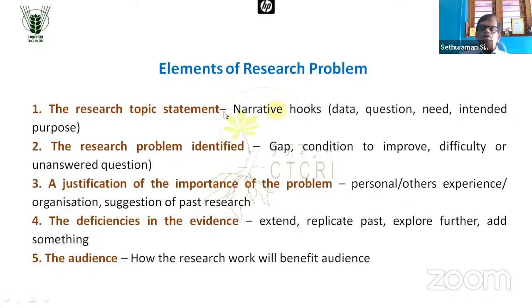You can give this from your personal experience or from suggestions of senior officials from your university: in this particular region the adoption is very poor, so some extension research or intervention has to be done in this village so that the adoption will be improved after a period of time.